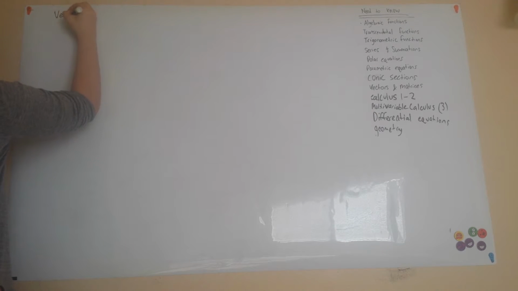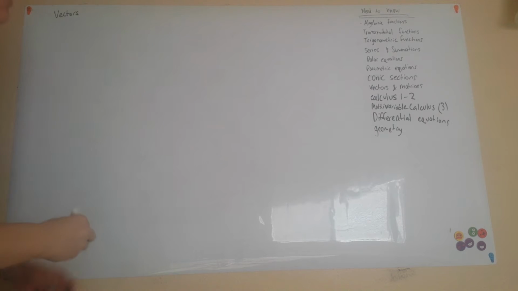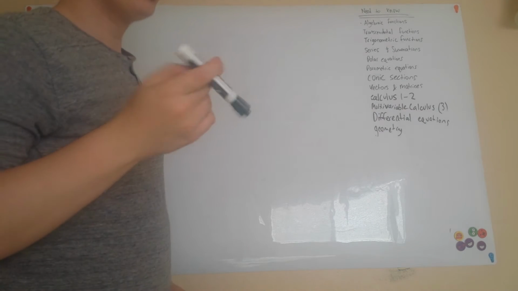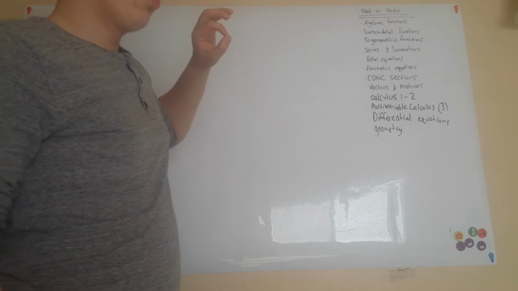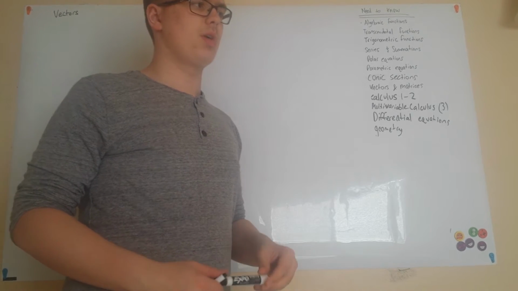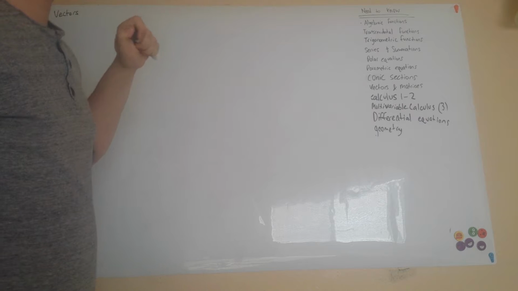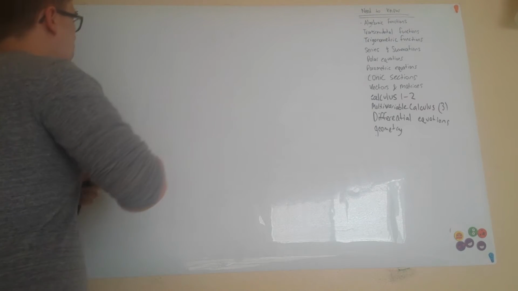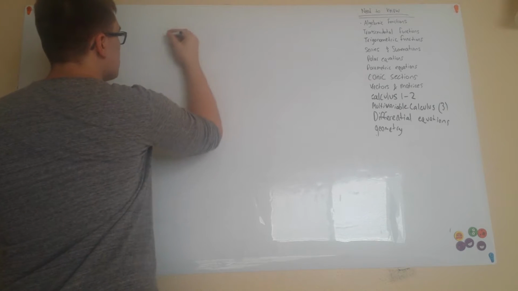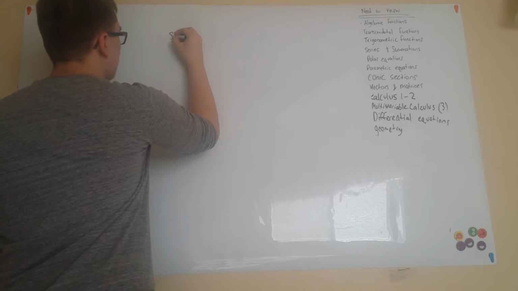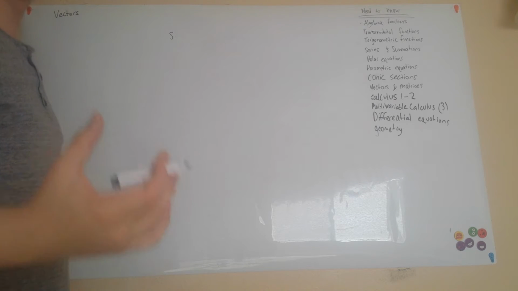And vectors are very useful. So there are two types of information, and they come in two groups. The two types of quantities.